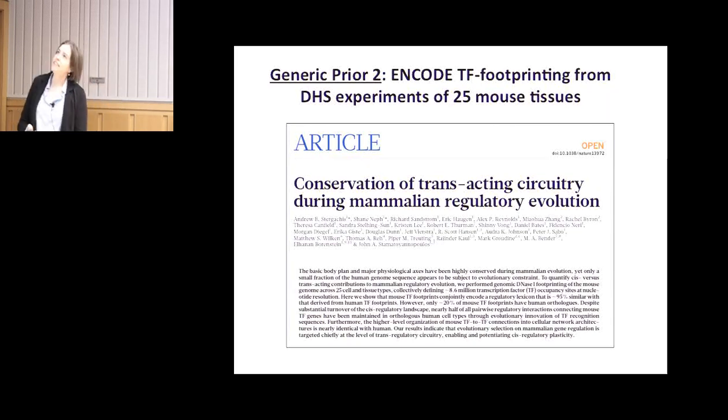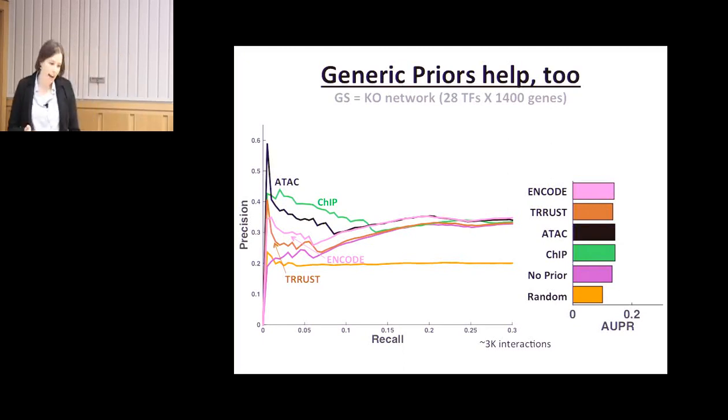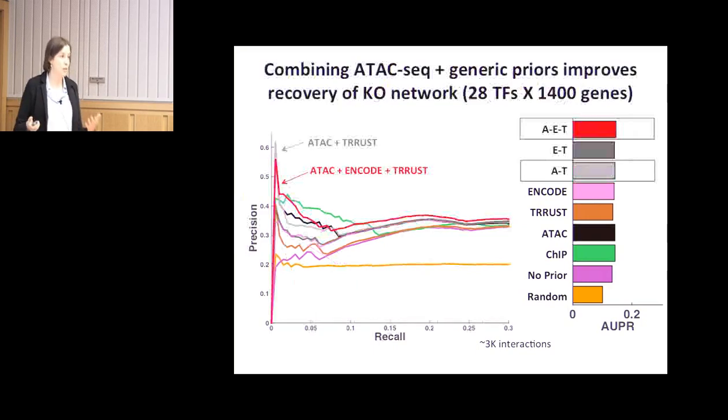And what we see is that these methods help too. If you then combine these different priors, you can get even better performance. Some of the top performing priors were a combination of ATAC-seq and TRRUST, and ATAC-ENCODE and TRRUST.